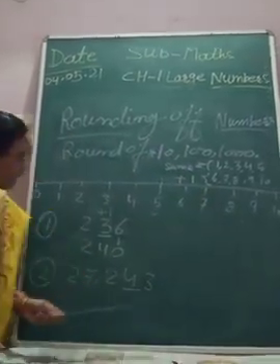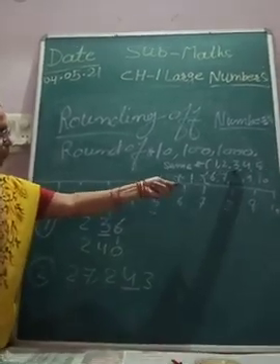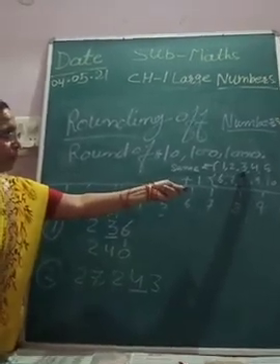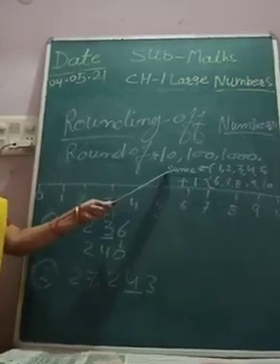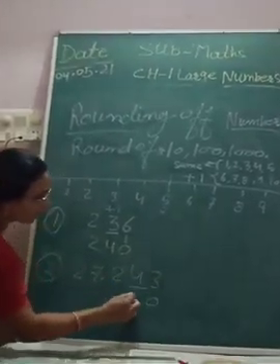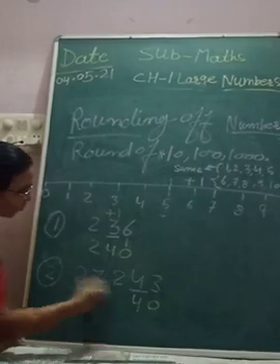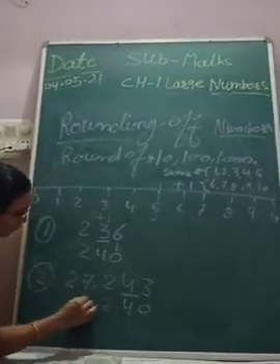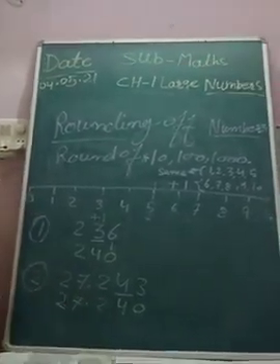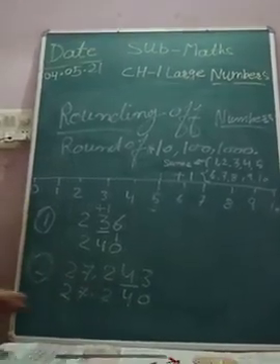Now this 3 belongs to the first group. So if the number is in the first group, what you have to do? You have to write the same number. Here there will be 0, but you have to write 4 as it is. Okay, and after that copy down all the digits. So your rounded figure will be 27,240.